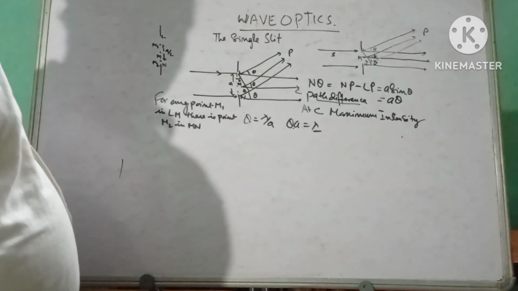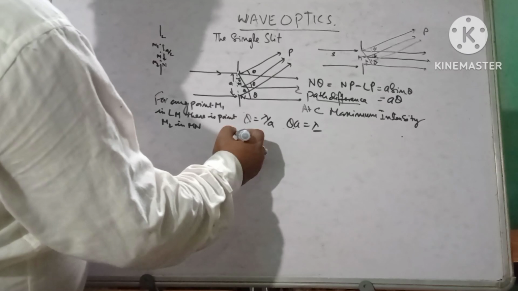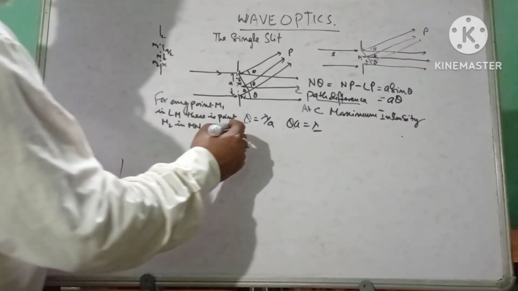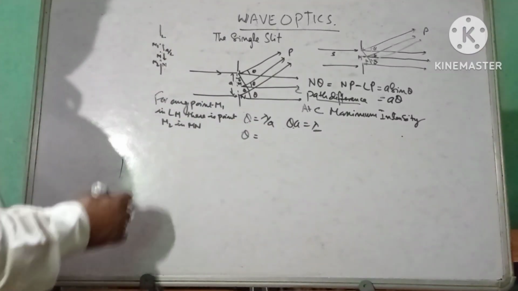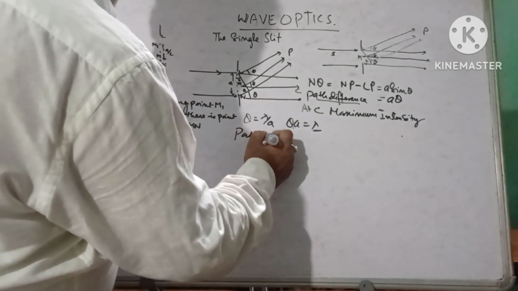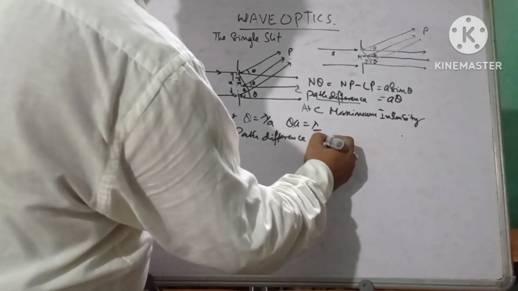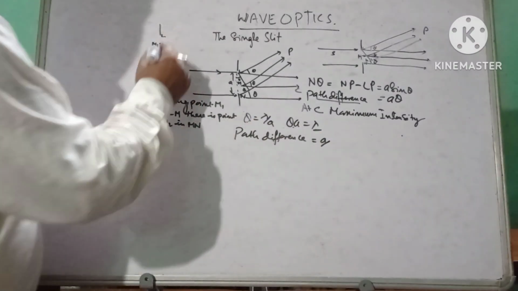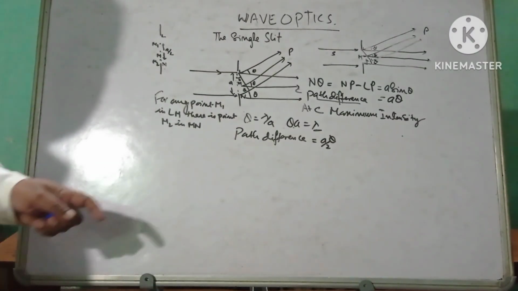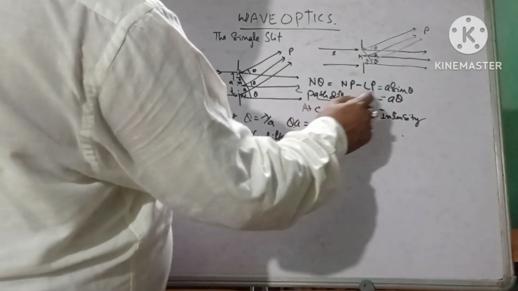So when the slit width is a by 2, your path difference will be slit width into theta, that is (a by 2) theta, because we have already found the relation between the path difference and the slit width.